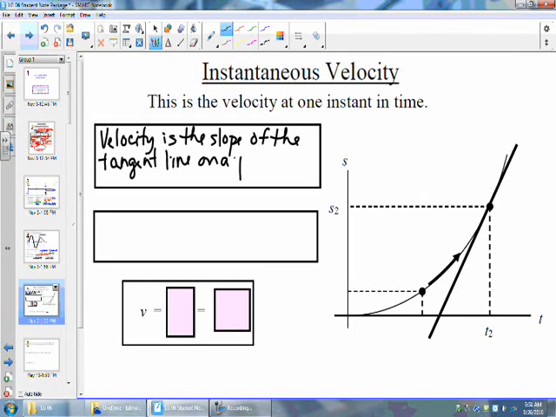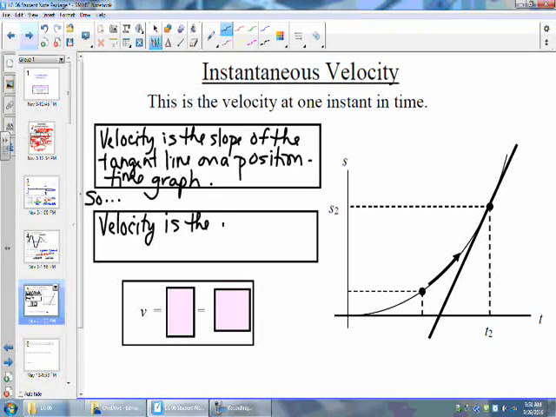Line on a position time graph. Okay, so velocity is the slope of the tangent line. So what does that mean? Velocity, what is the slope of a tangent line? Well, that is the derivative. So velocity is the derivative of the position time function.